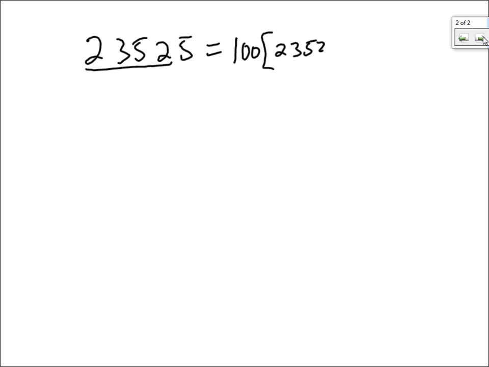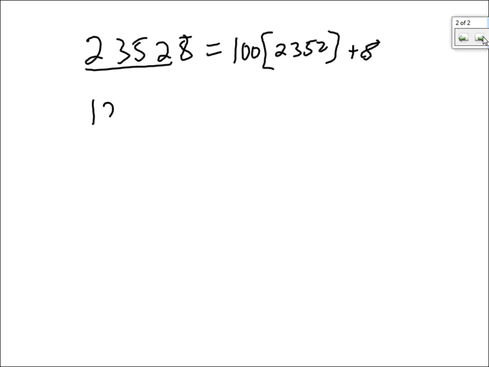Now, why does this work? Well, first let's notice that if you have a number that's more than a 2-digit number, it can be written as 10 times something plus the last digit. Every number, even if it doesn't end in 5. If it ends in 8, then this will be an 8.